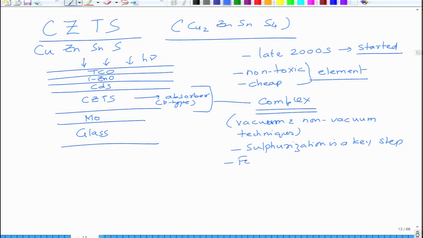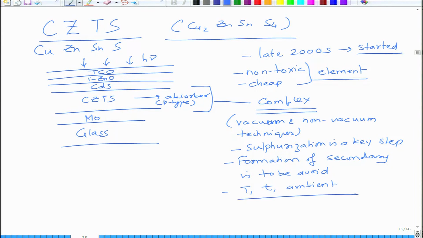The formation of secondary phases has to be avoided. So again time, temperature, ambient to form the phase is extremely important.